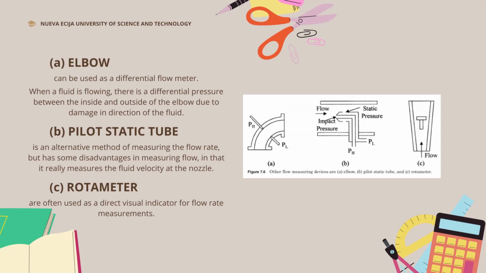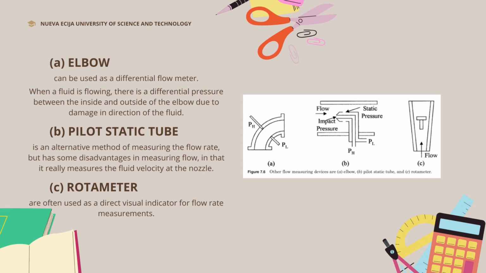Other disadvantages are that the tube can become clogged with particulates, and the differential pressure between the impact and static pressures for low flow rates may not be enough to give the required accuracy. The differential pressures in any of these three devices, this elbow, pitot static tube, and rotameter, can be measured using the pressure measuring sensors discussed in Chapter 5.